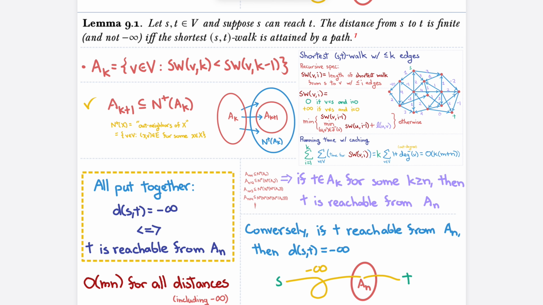What's the most efficient way to take A sub n and get everyone it can reach? You could, of course, go through every vertex and run depth first search. That wouldn't be a big deal because you're paying mn on the dynamic program anyway. But there is a slightly more clever way. You could do it in one depth first search. Yeah, we can add a super source.